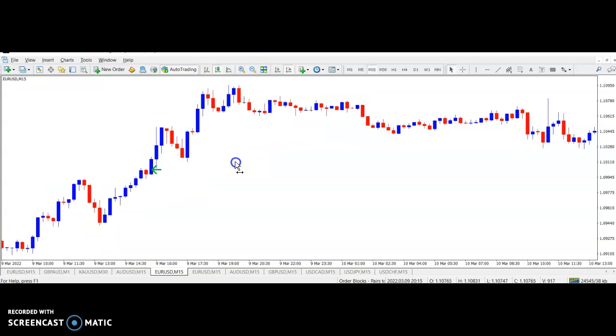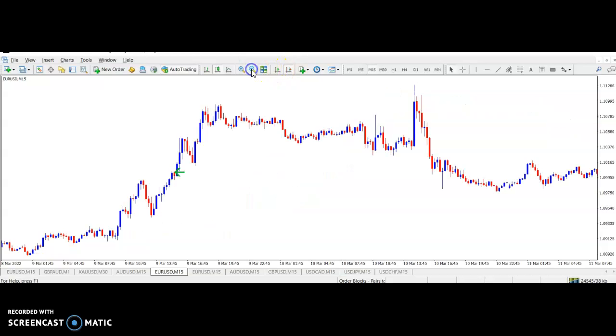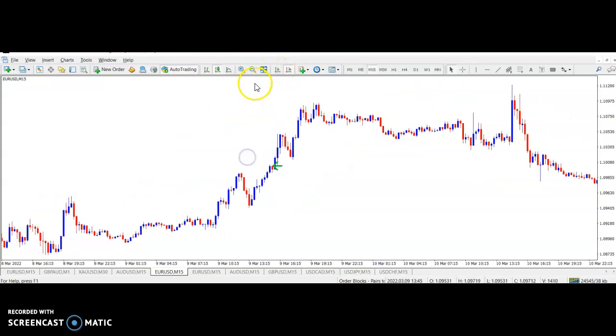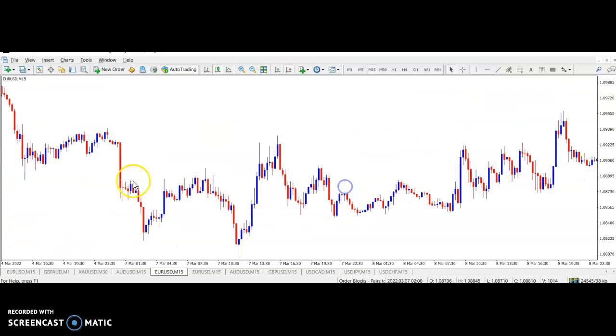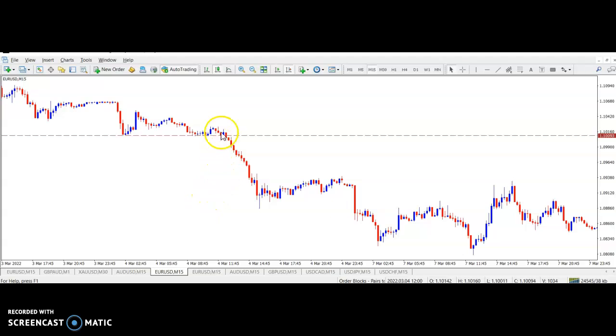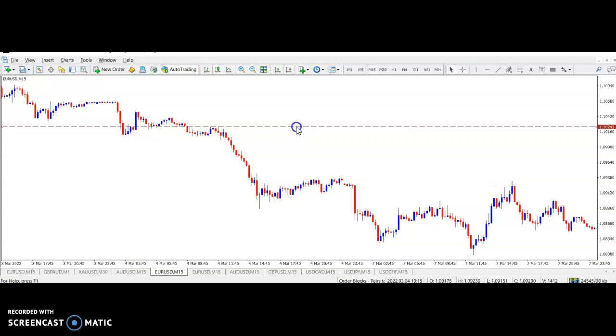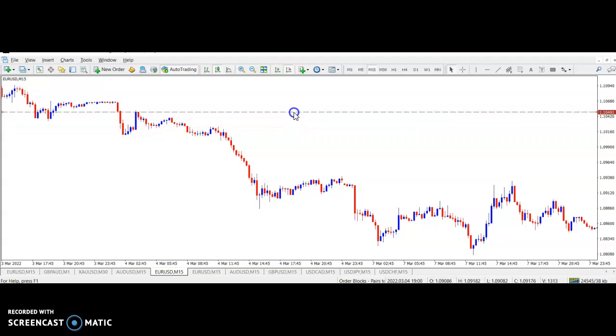Well, normally for the take profit you would use previous structure, so you would look left. Let's just have a look and see. It wants something above here. So if we're looking left, where's previous structure above there? Well, you could go for that one, you could go for that one, you could go for that one.